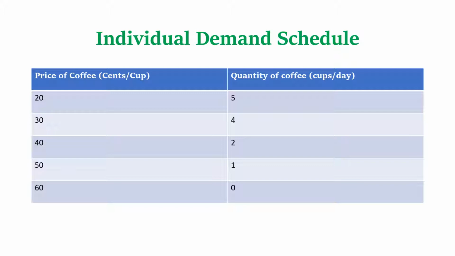When the price is increasing from 20 cents to 60 cents, the demand continues to fall. And when the price is decreasing, sorry, from 60 cents to 20 cents, what happens there? The demand increases, right?